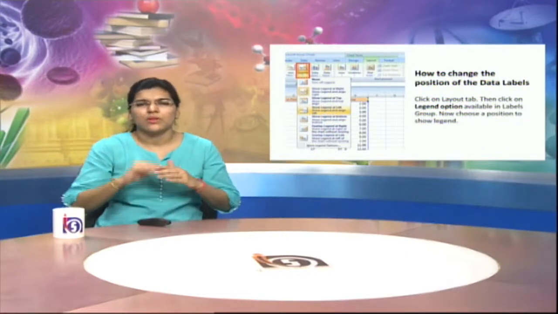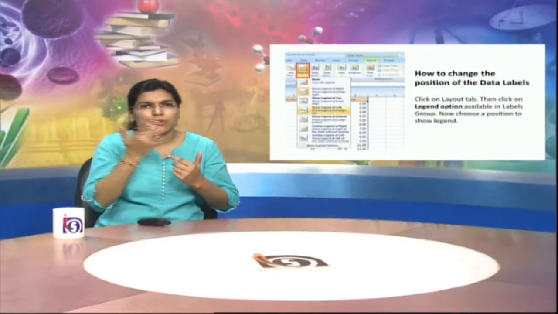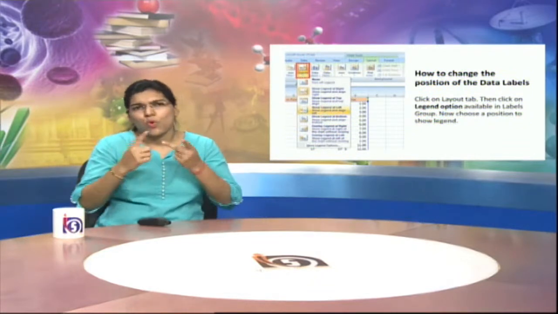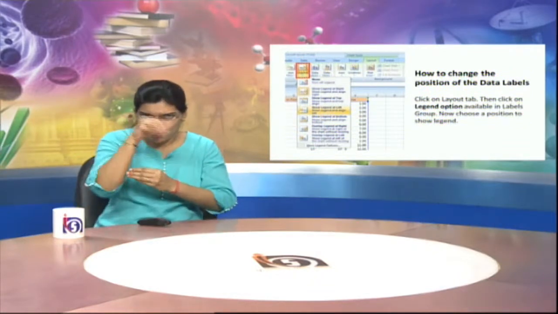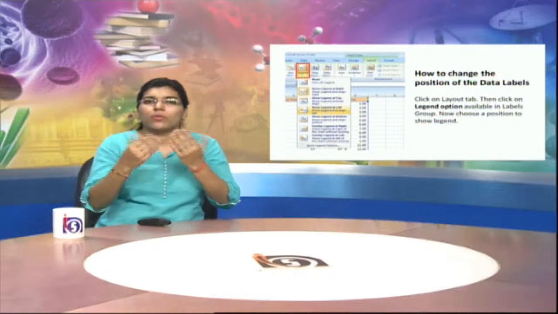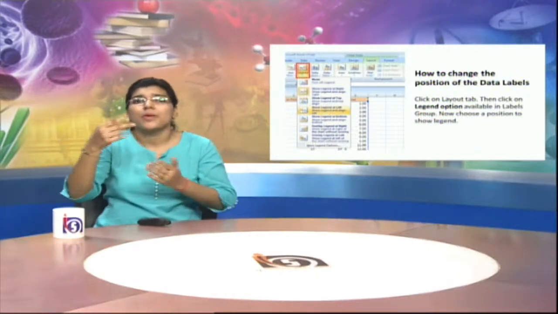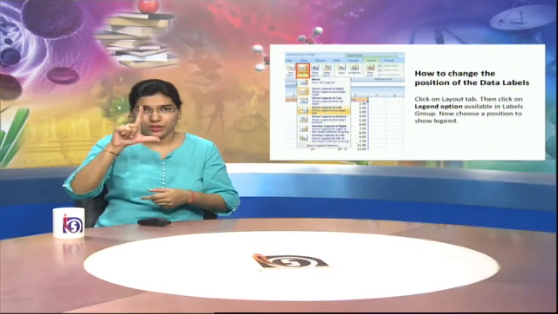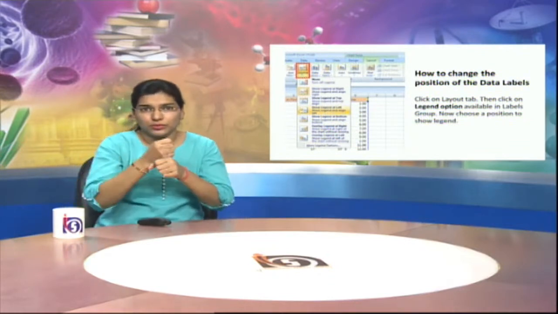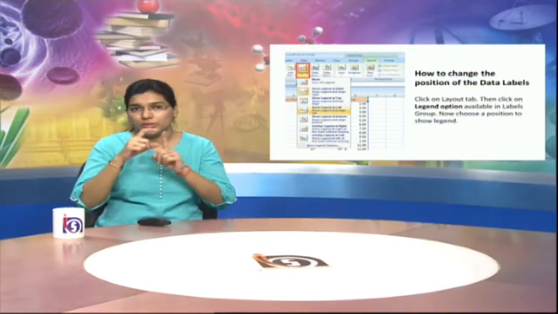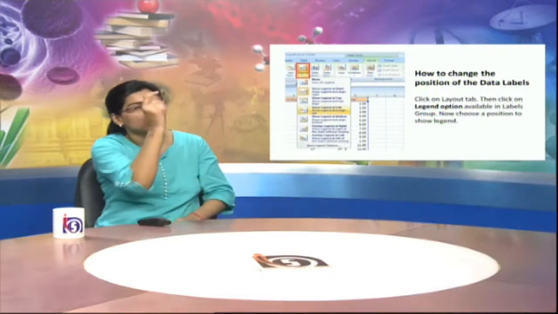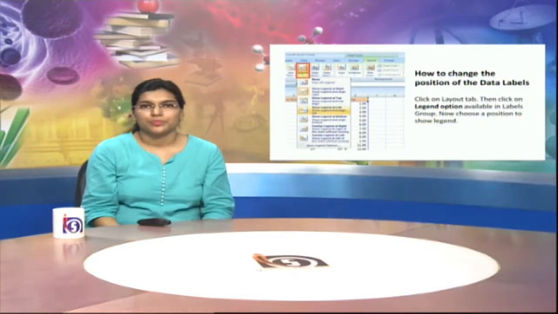In this data table, if you want to put some more color or you want to put some more numbers, if you want to add some data in this, then you can do that with the legend option that you can see on the screen.